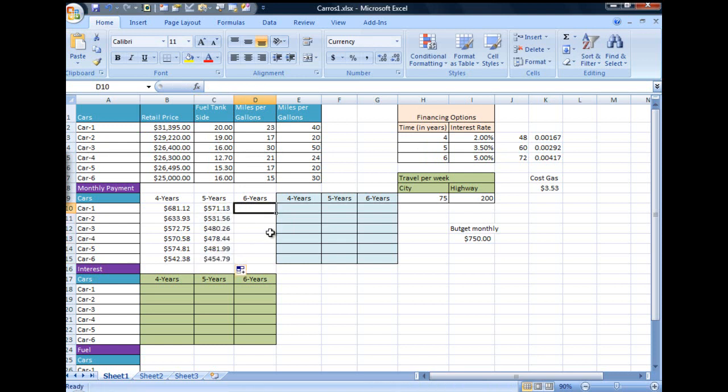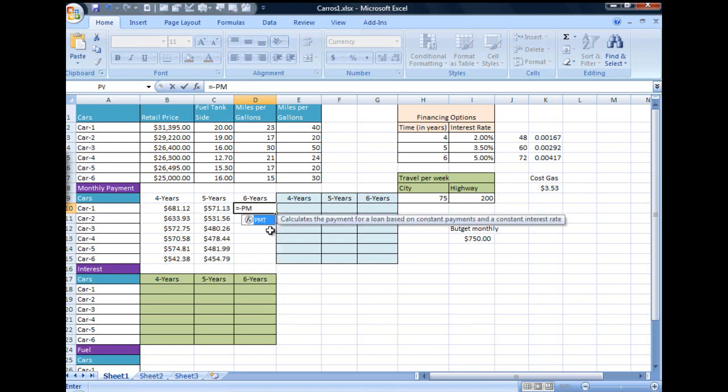Now finally exactly the same. Equal, negative PMT, monthly payment. For the third, it's 6 years, the rate is K5, absolute reference, comma, 72 months, absolute reference again, comma, the first car.